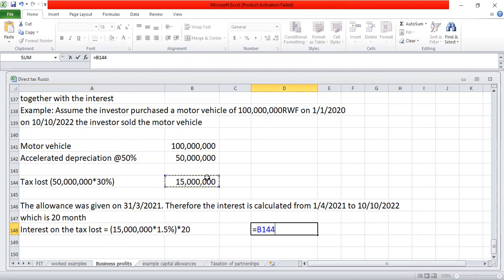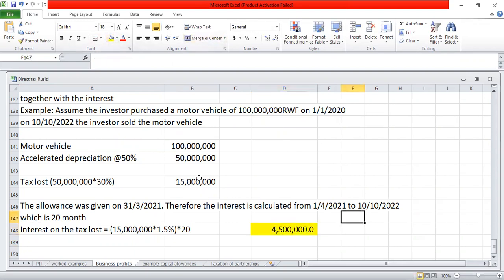So I'm getting this times 1.5% times 20. That is going to be the interest to be paid on this money. So you will pay the tax lost plus this interest, a total of 19.5 million will be paid on that aspect. So that is how it works in case the asset is sold before 3 years ends.